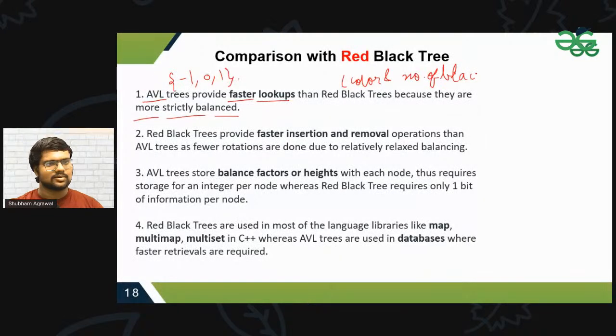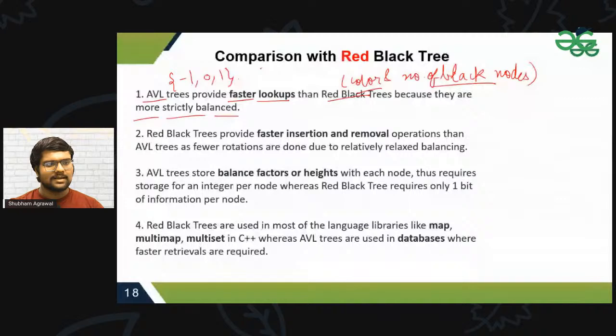So it is less strict than the AVL tree in terms of balancing. It is balanced, but it can have a little bit more height than the standard AVL tree for the corresponding nodes. Hence, an AVL tree performs faster lookups than a red black tree.